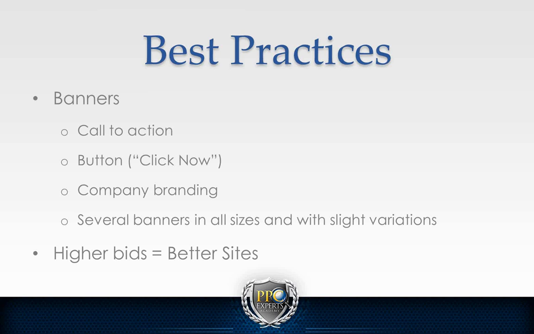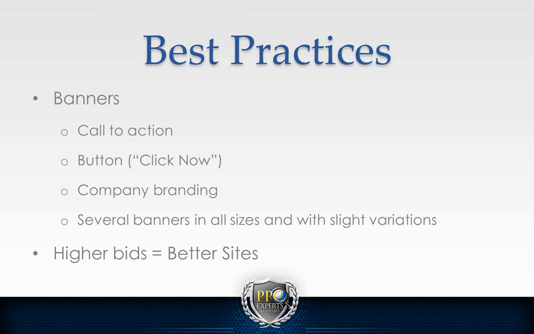Because generally speaking, you can run this on a cost per click basis. I recommend setting it on a CPM basis. And so you're not actually paying for clicks, you're paying for impressions. So you want a lot of click-throughs. And generally speaking, the higher your bid, the better sites that you're on. So if you bid 10 cents or 15 cents, you might get some impressions and you might show up somewhere.